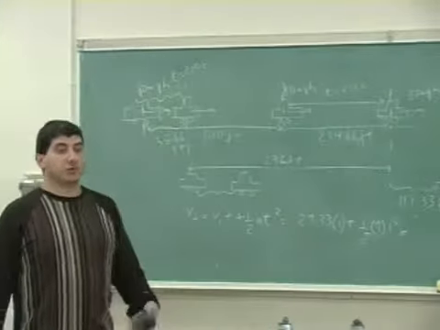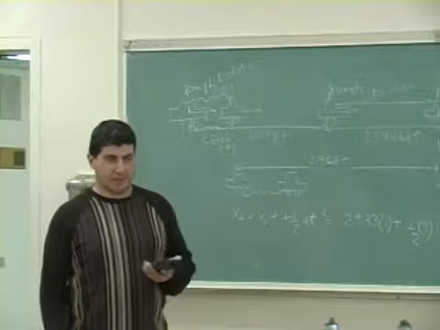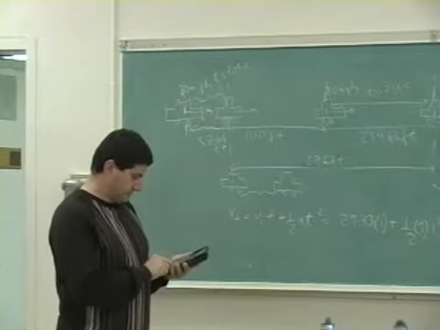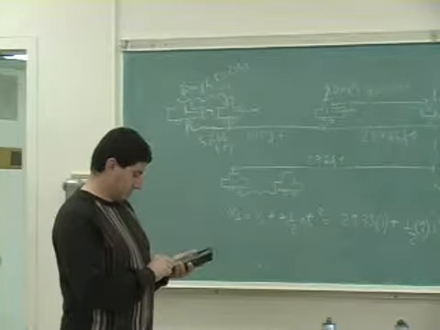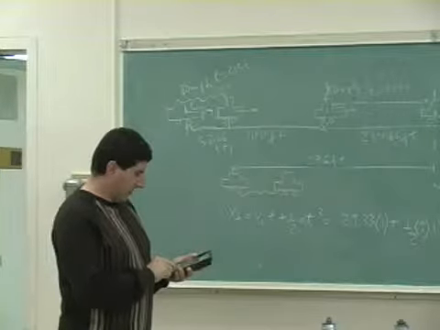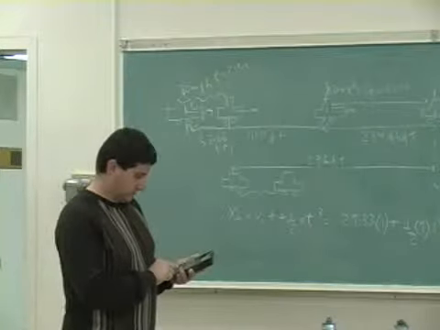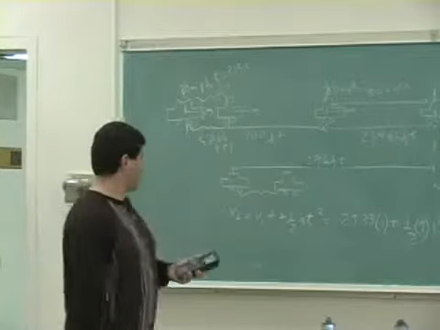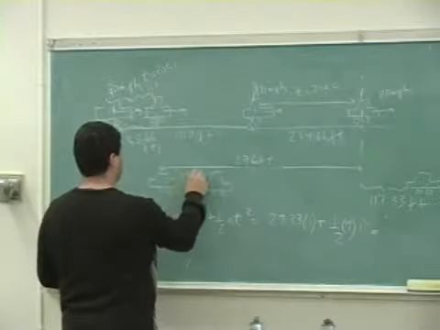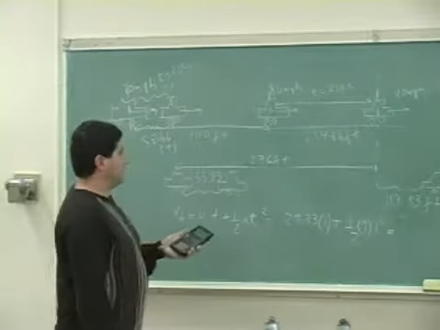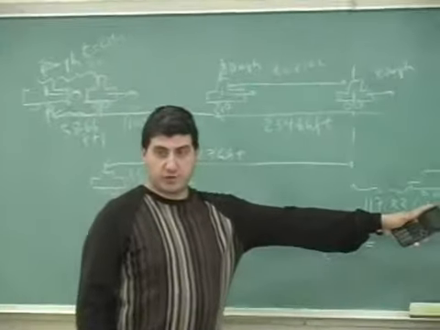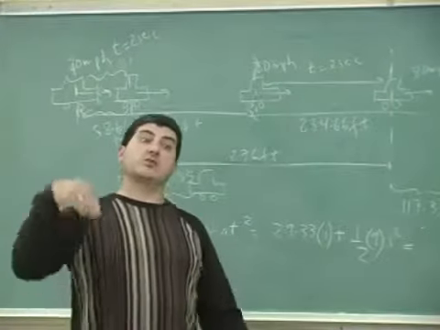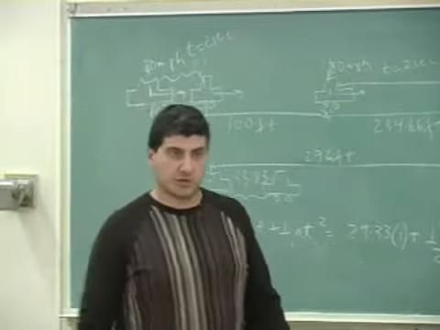So at the end of the 1 second, how far has the police traveled? 29.33 plus 4.5, right? 33.83. And that guy has traveled 117.33. And remember, the original distance is 276. So at the end of the 1 second, what's the distance between each other?